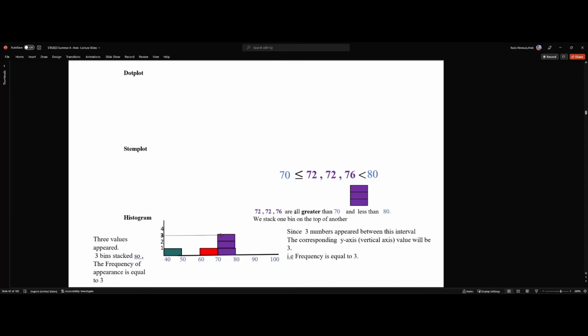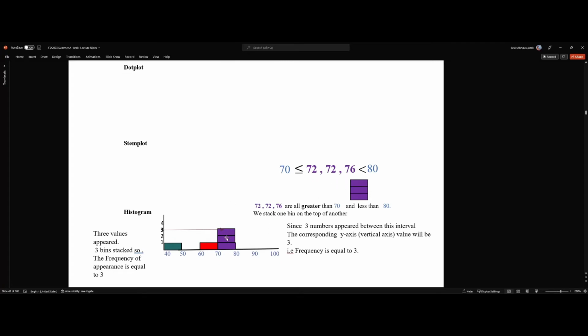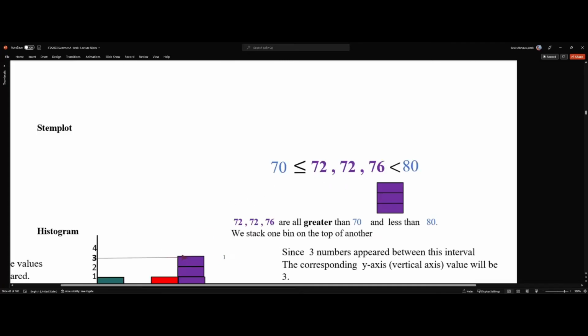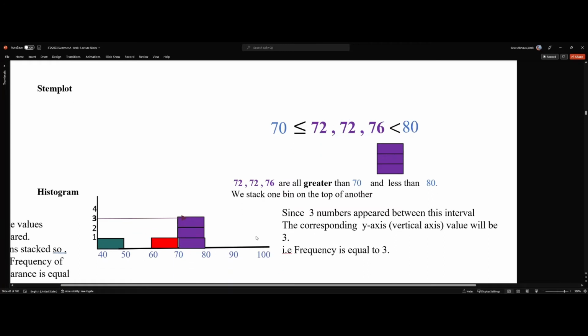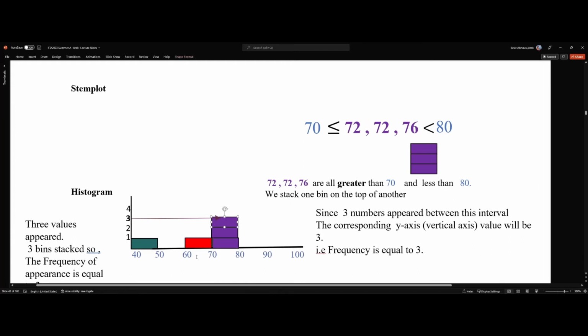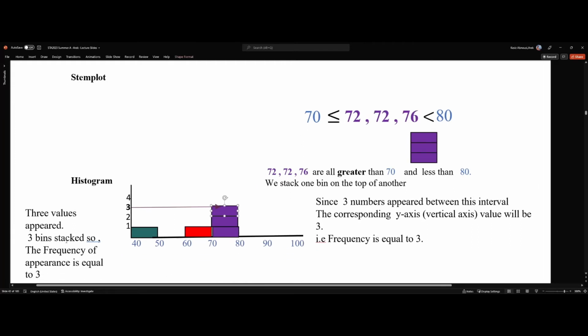We do the same for the other 3 numbers. This time there are 3 numbers contained in this interval, so we have 3 bins one on top of each other, and the frequency, since the 3 bins are stacked, is equal to 3.